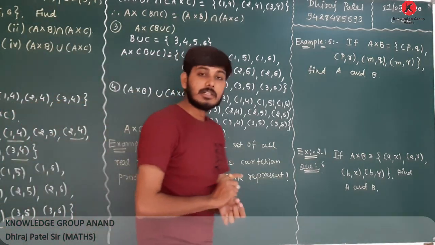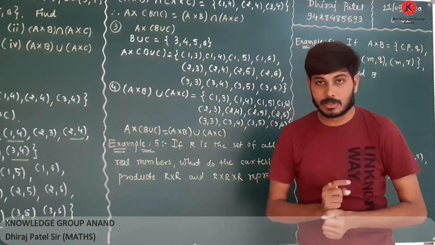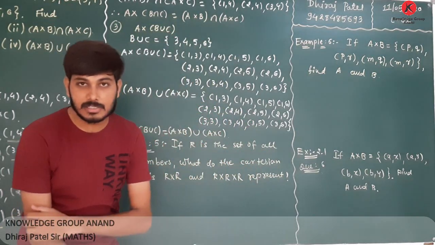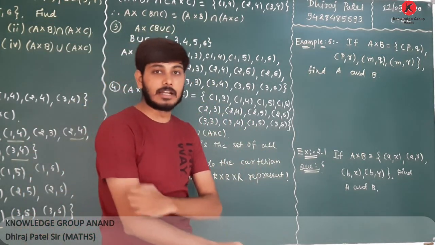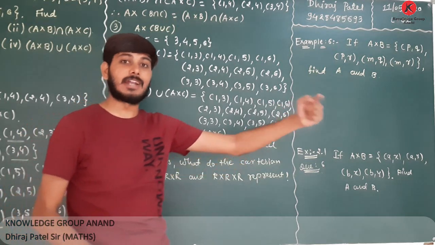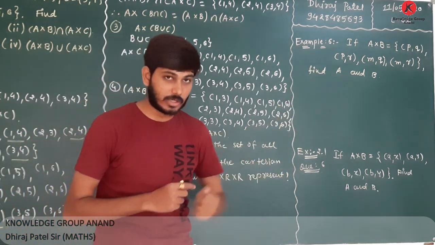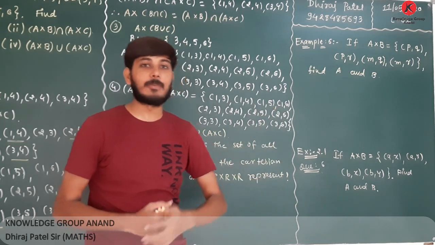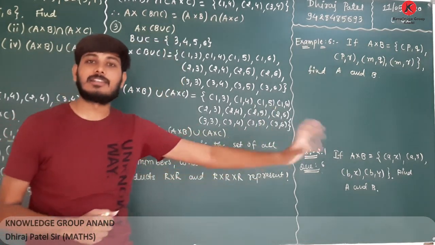Now we know that R is the set of real numbers. There are infinitely many real numbers. It is not possible for us to write down an infinite set of real numbers, so we do not write it, we represent it.